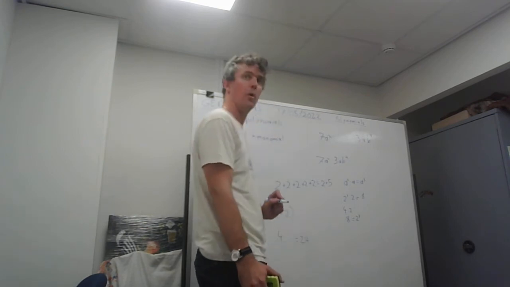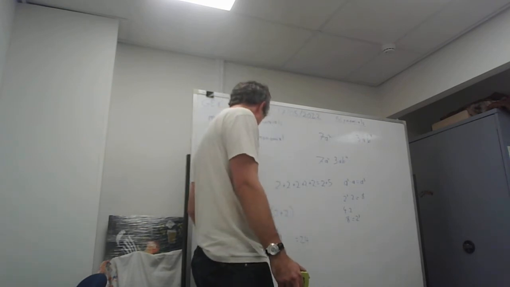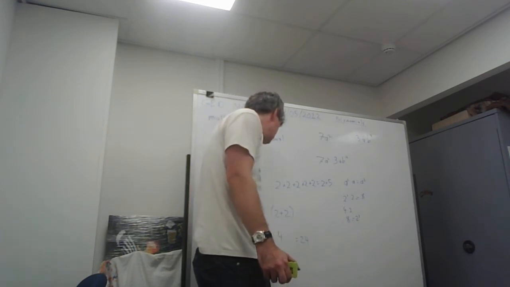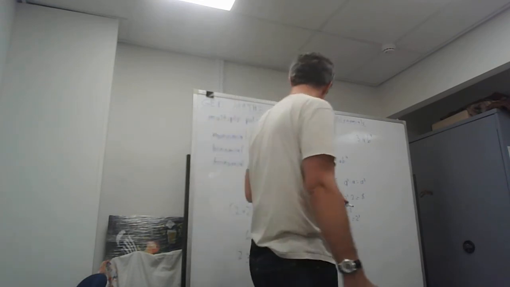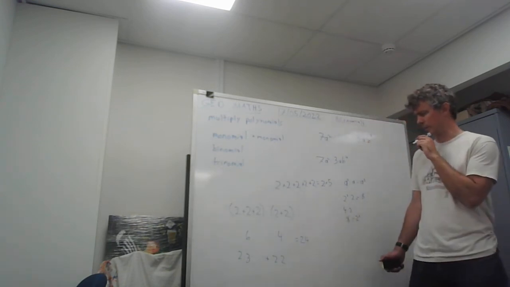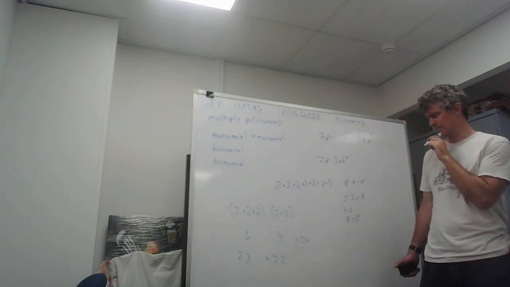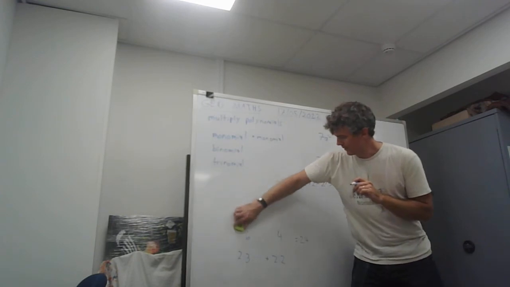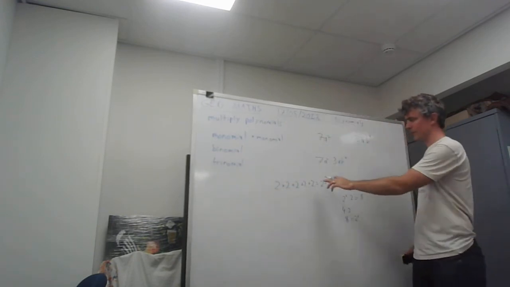Or I could see it as 2 times 3 plus 2 times 2. This isn't quite working the way I wanted it to work. I was thinking it would be times 3, we'd be able to do 4 times 5, that's not quite right. My example's not working, so never mind this example.